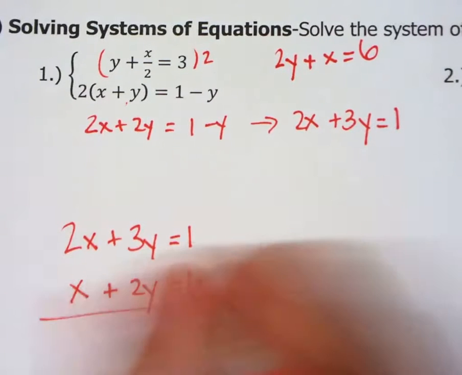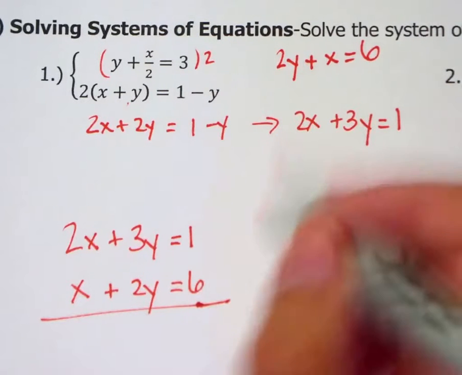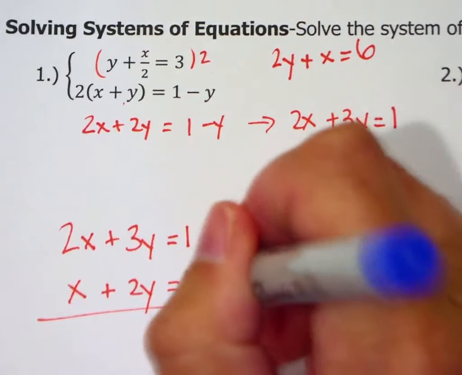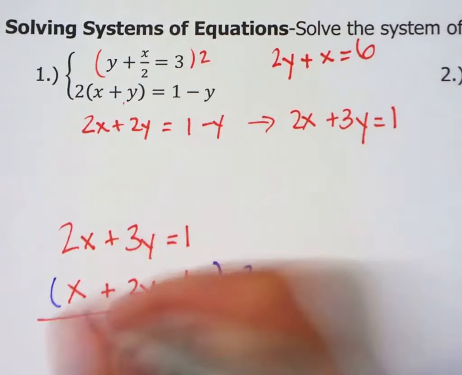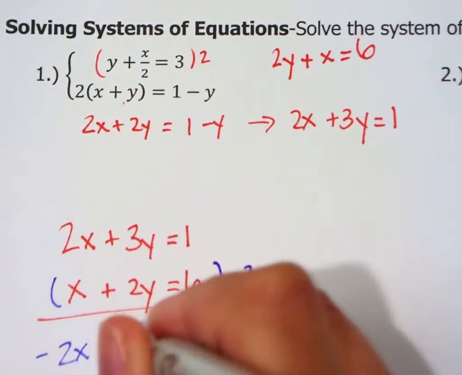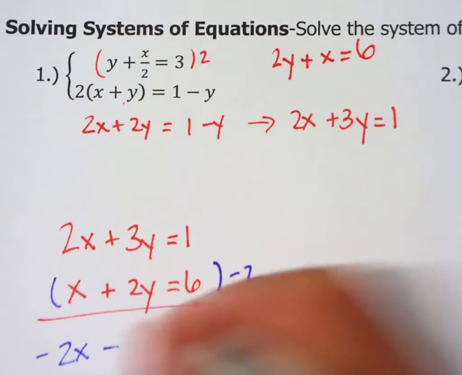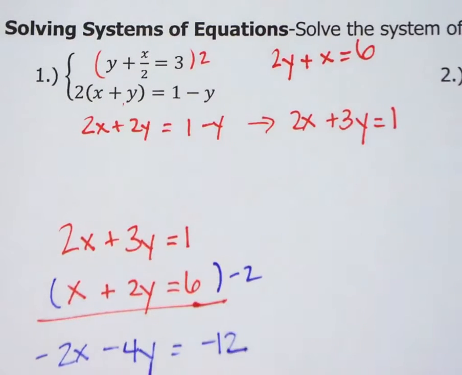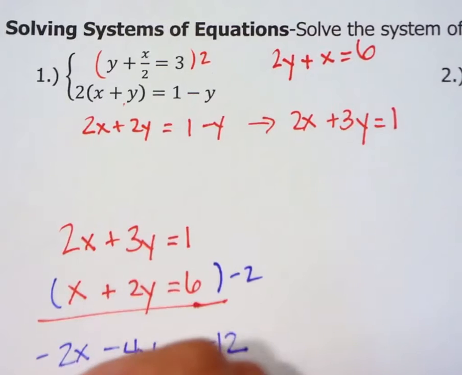From here, we can multiply the second equation by a negative 2. And then I'll just bring that first equation down.